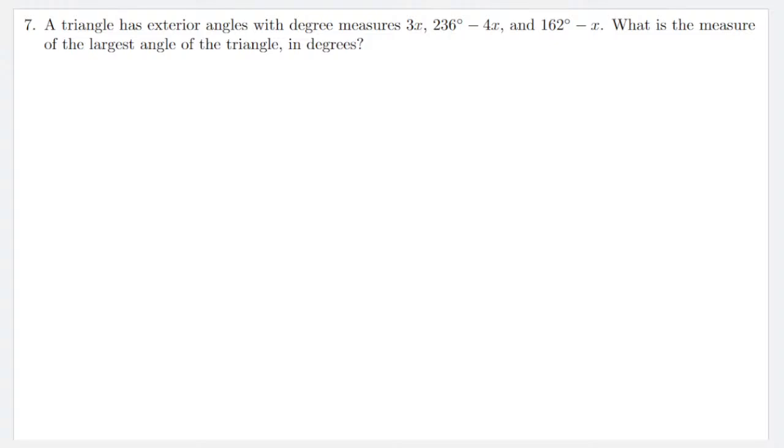So if we write the expression for the sum of these angles, we have 3x plus 236 degrees minus 4x plus 162 degrees minus x, and this is equal to 360 degrees.